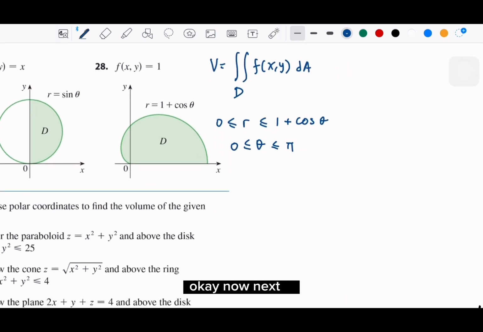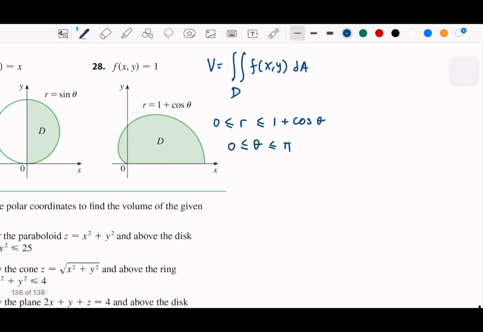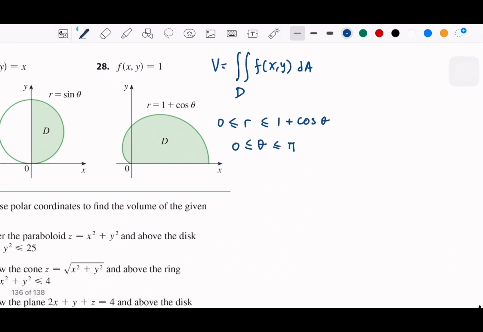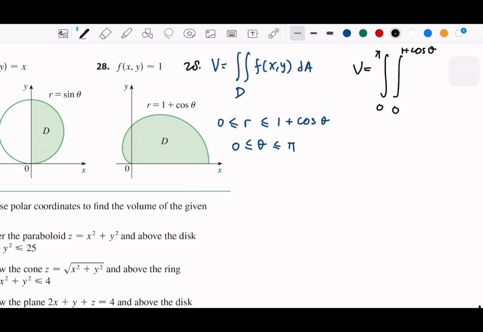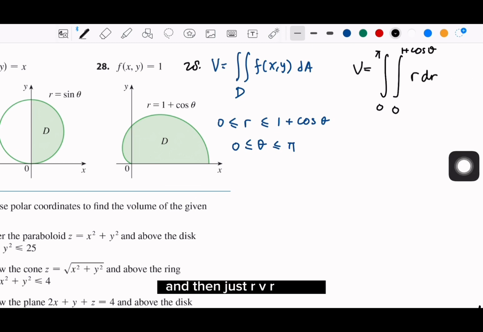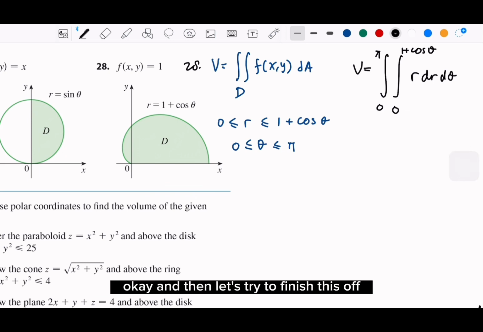Now next is we take the dA, or the volume. So this is number 28, so the volume is the integral from 0 to pi, and then 0 to 1 plus cosine theta, and then just r dr d theta, because the function is just constant 1, right? And then let's try to finish this off.